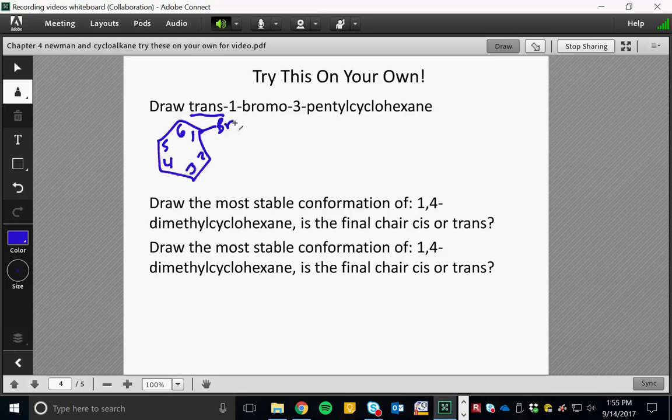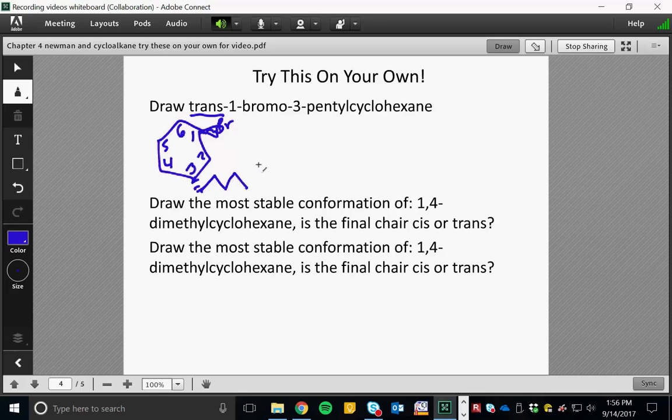Now the thing with trans is, trans does not tell us which one's a wedge and which one's a hash. So I'm just going to choose the bromo group to be the wedge for now. And then we have the 3-pentyl group. Off of carbon number 3, since bromo is on the wedge and it needs to be trans, this one's going to be on the hash. That's 1 carbon, 2, 3, 4, 5. That's the pentyl group.